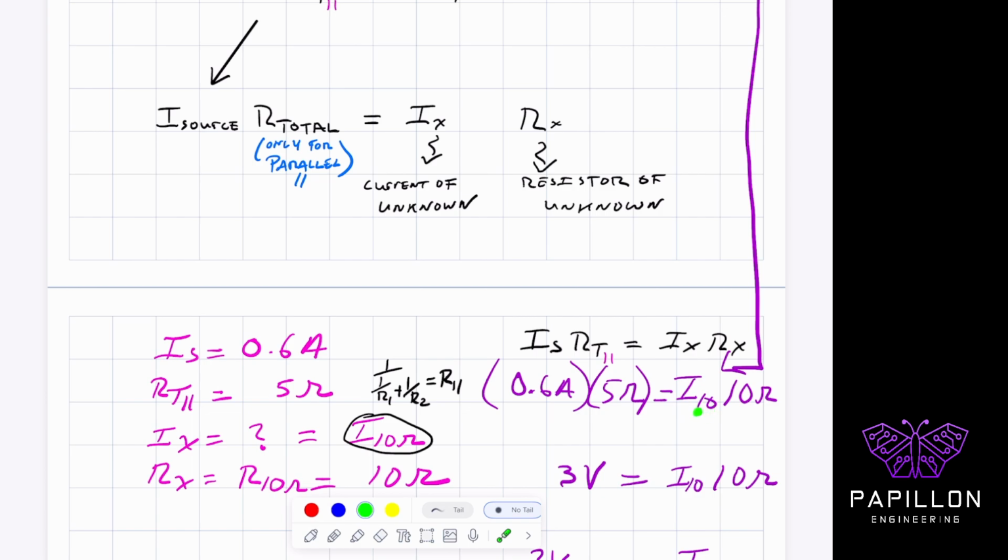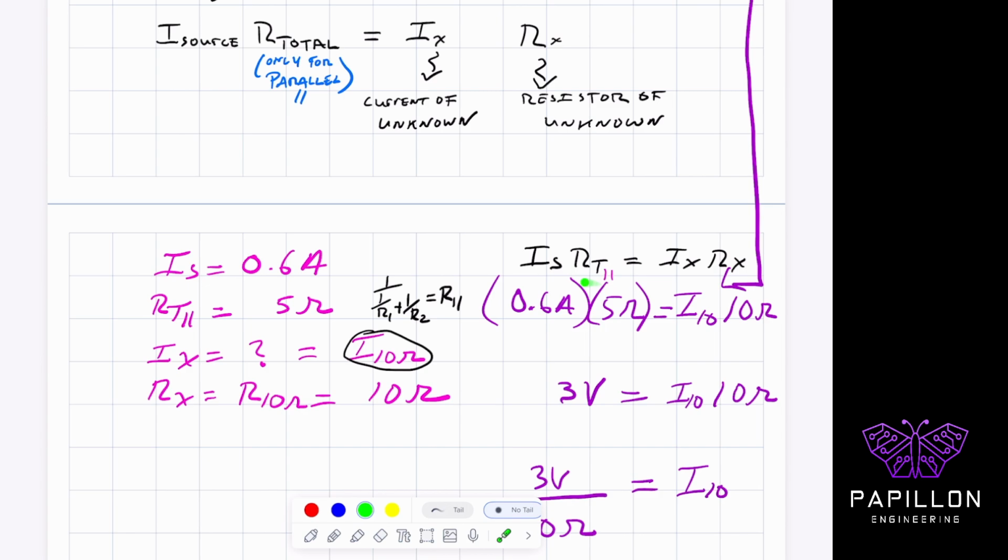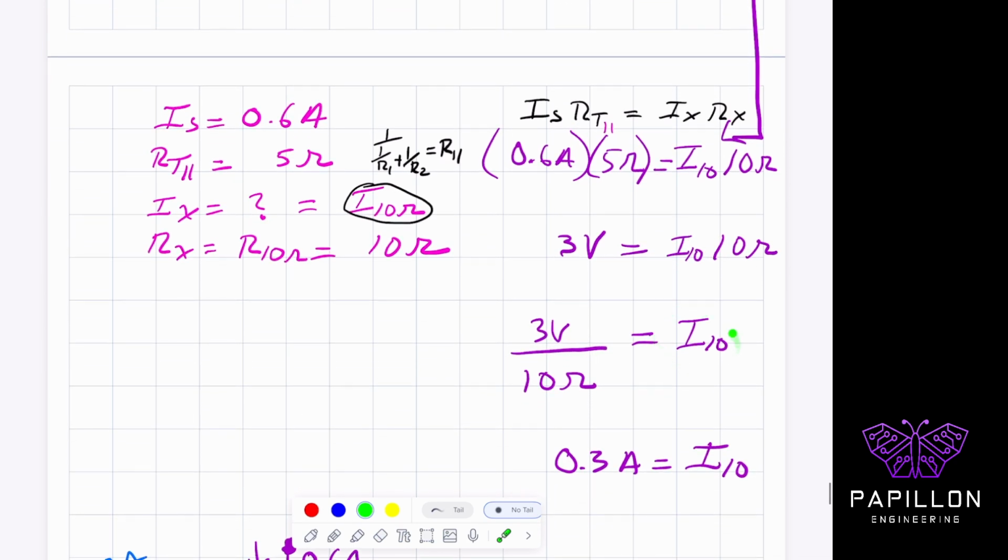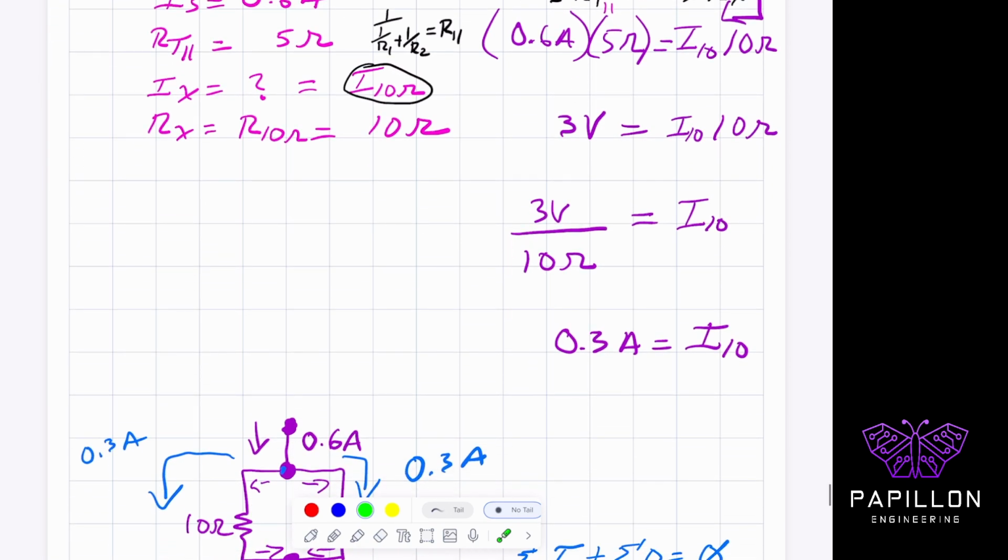I put 10 as a subscript to remind you it's the 10 ohm resistor. So 0.6 times 5 ohms, a current times a resistor gives me back a voltage, so I get 3 volts, equals I10, which I'm trying to solve for, times 10 ohms. So the current of a 10 ohm resistor is going to be 3 volts over 10 ohms. So 3 divided by 10 gives 0.3 amps.